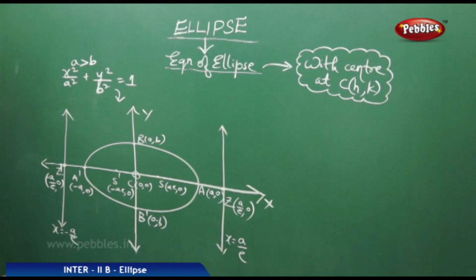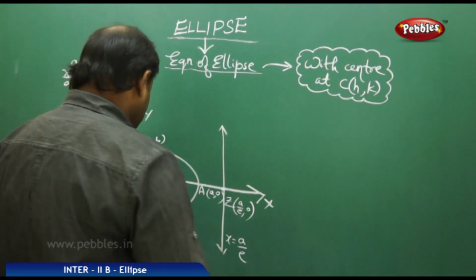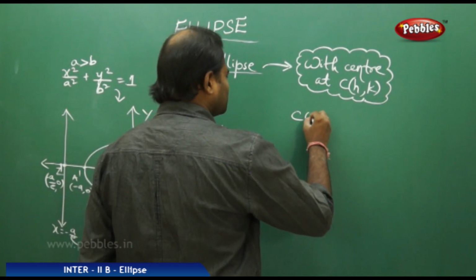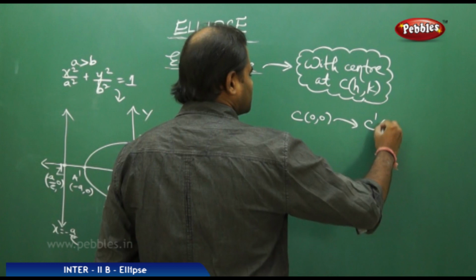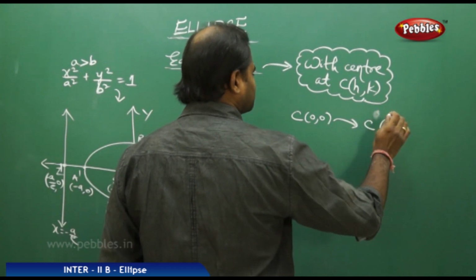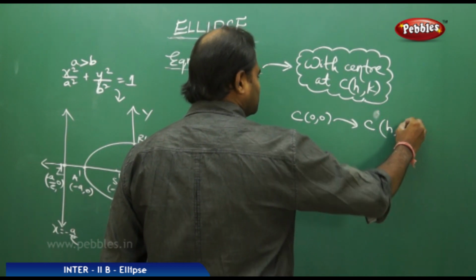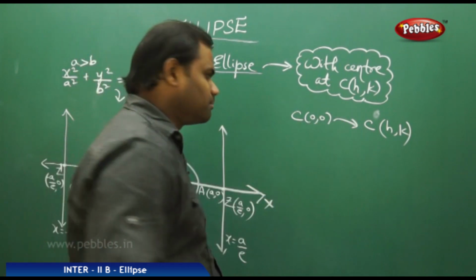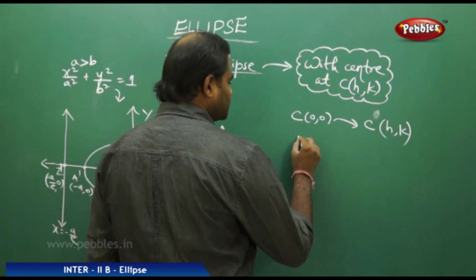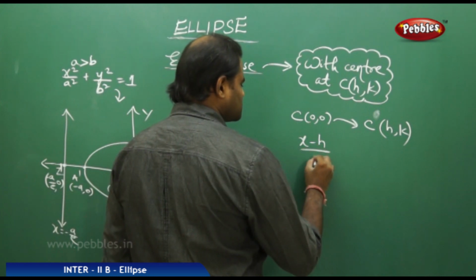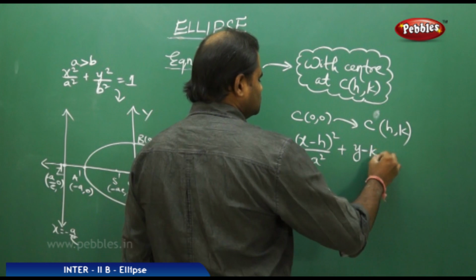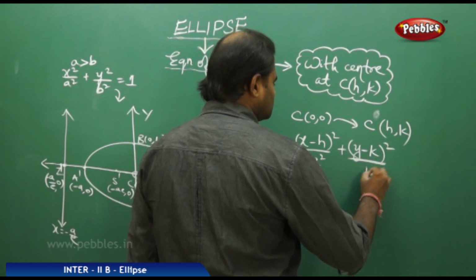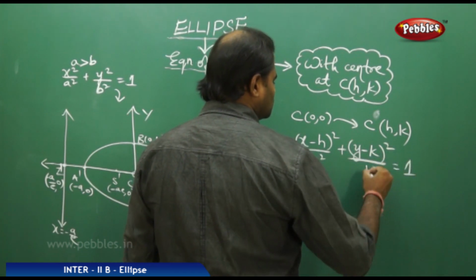This is how we get each of the contents of this kind of an ellipse. Now let's compare this with the transformed equation. If the center origin is transformed to say h, k, then this center transformed to h, k makes us understand that the transformed equation is (x minus h) whole square by a square plus (y minus k) whole square by b square equal to 1.